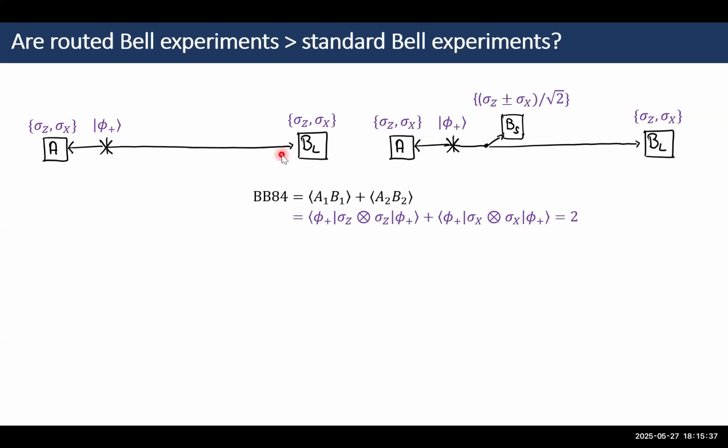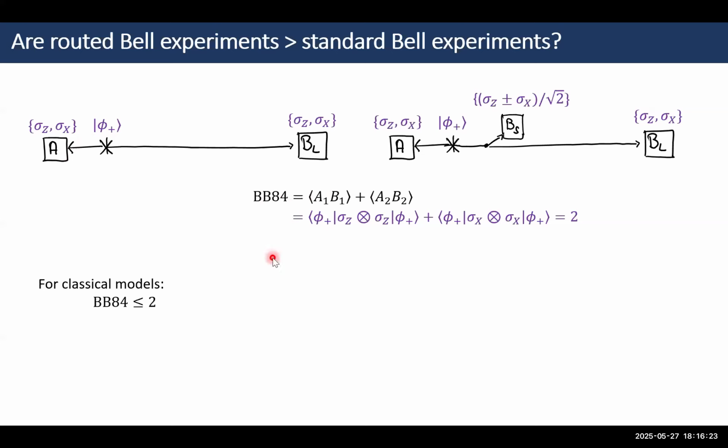In this ideal situation, they're fully correlated in both cases, so for this BB84 value we reach a value of 2. You can reach 2 quantum mechanically, but in a standard Bell experiment you can also reach 2 with a purely classical model. This is not complicated: you just send some classically correlated random variables, and both measurements are fully correlated. So you cannot witness non-locality with this BB84 quantity.